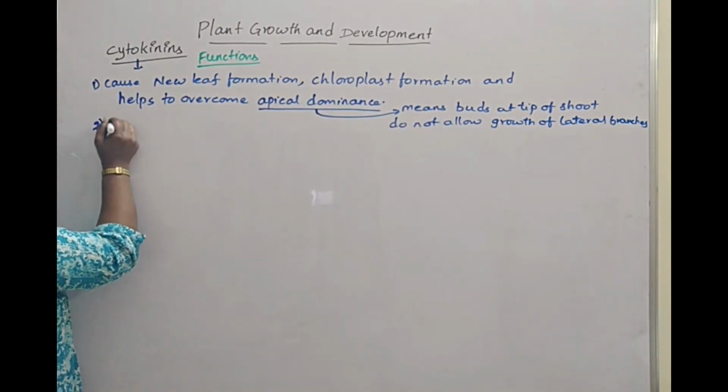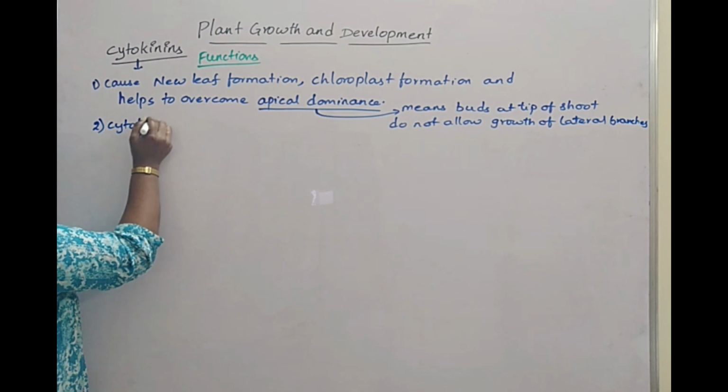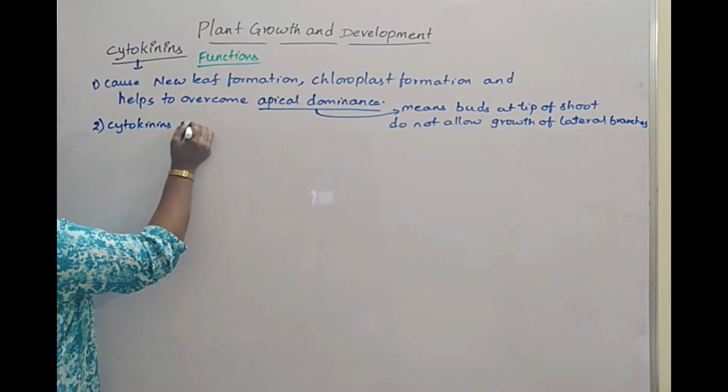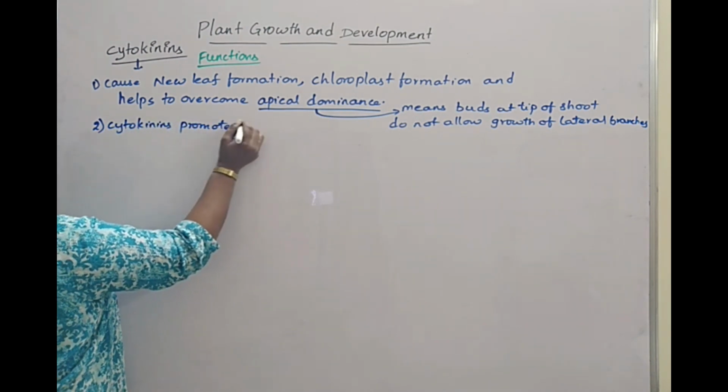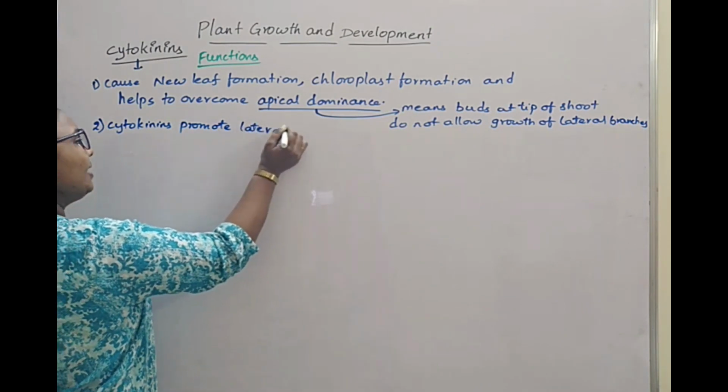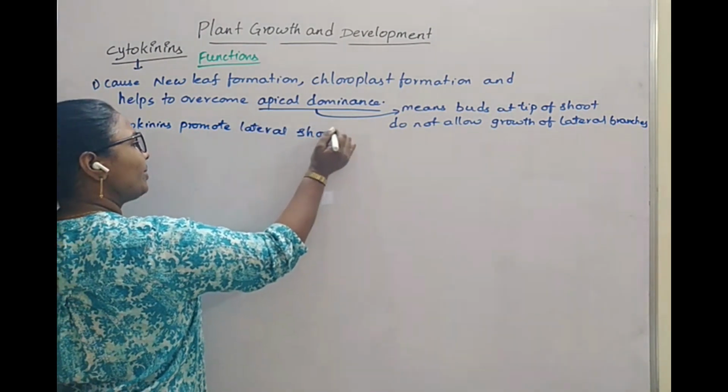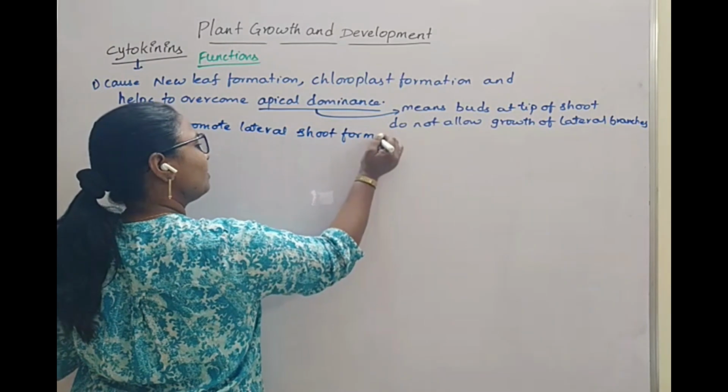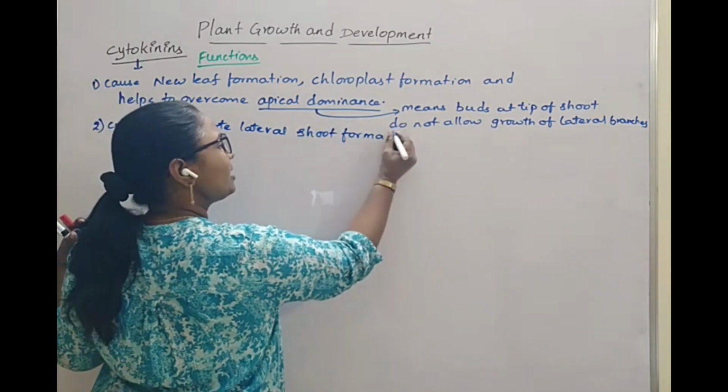So we can say cytokinins promote lateral shoot formation. They will stop the apical dominance.